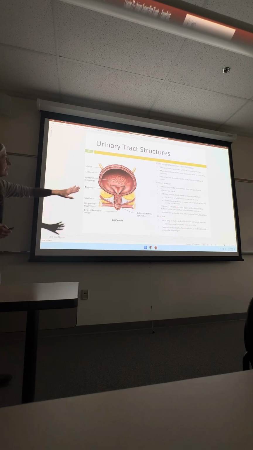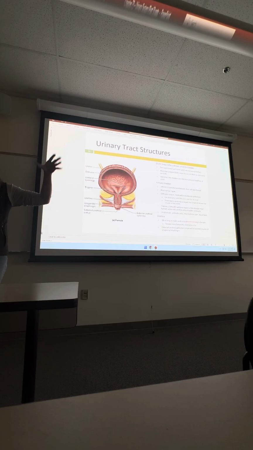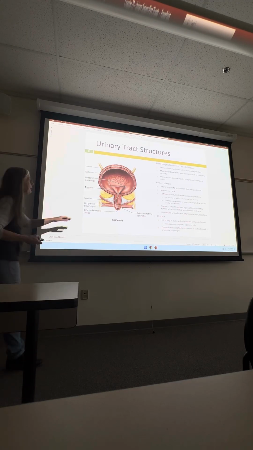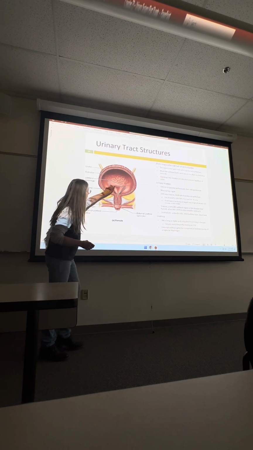Exactly right. So the entire inside lining of the bladder is transitional epithelium. Much of the bladder wall is covered with rugal folds because now we can fill the bladder up with urine and then empty the bladder, and you fill it up and empty it. But we want the trigone between the ureteral orifices and the urethra.